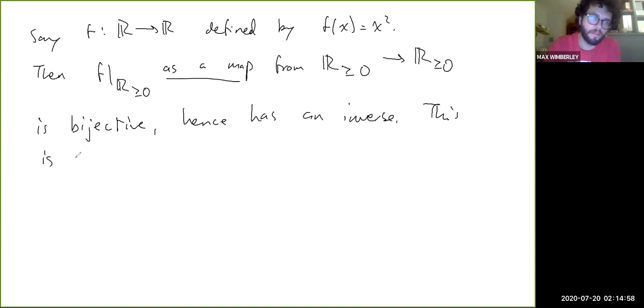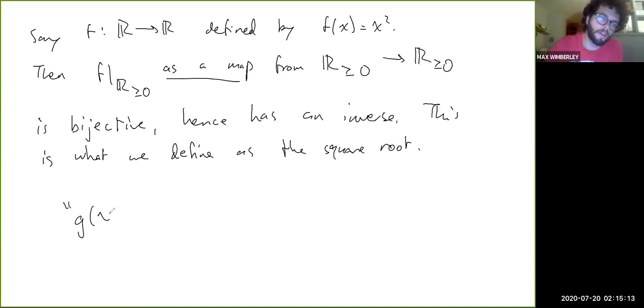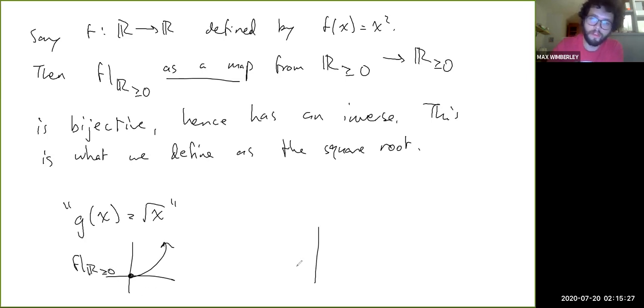This is what we define as the square root, right? So the function g of x equals square root of x, that's only defined on the non-negative reals. So here's f restricted to R greater than or equal to 0, and as you can see, here's g.